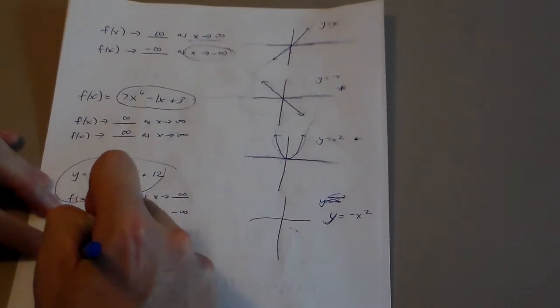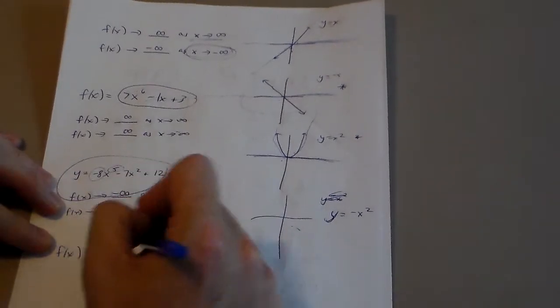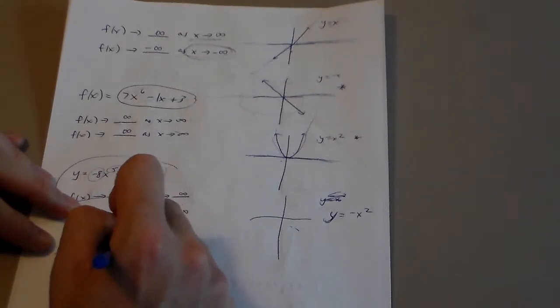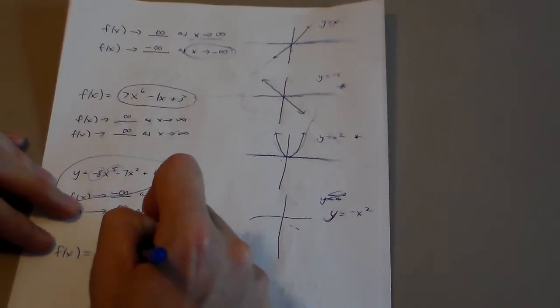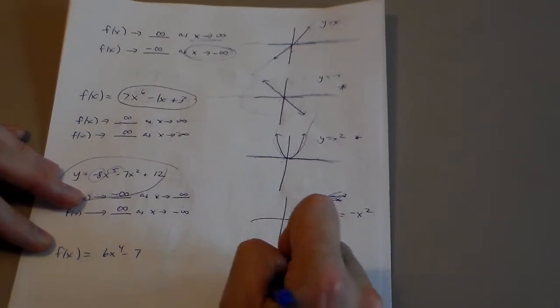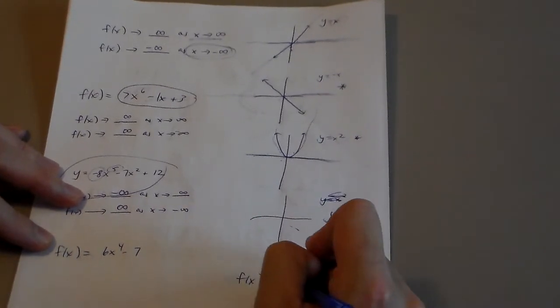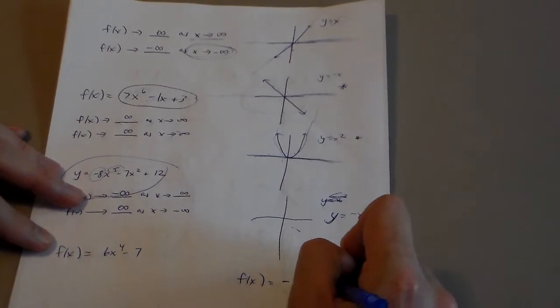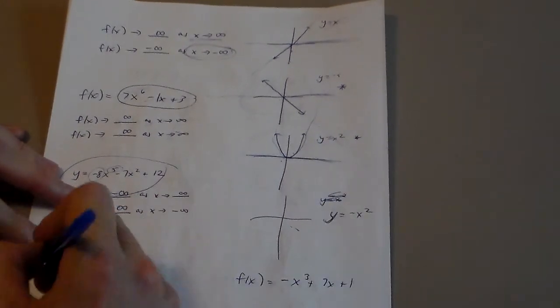Okay, I'd like you to try these too. f of x equals 6x to the fourth minus 7, that's 1. And the other one is f of x equals negative x to the third plus 7x plus 1.